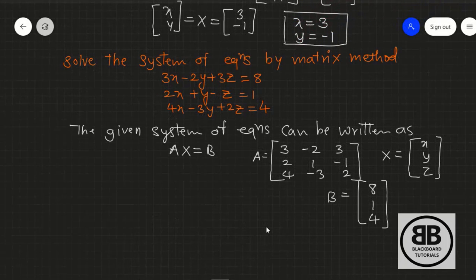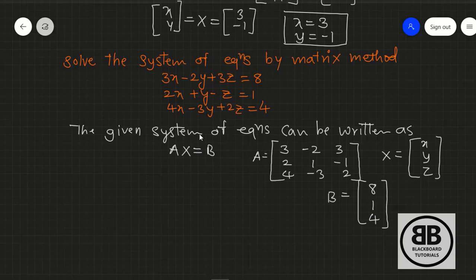Now consider another system of equations where three variables are there. Write the system of equations in matrix form, which can be written as AX = B, where A is the coefficient matrix, X is the variable matrix, and B is the constant matrix.